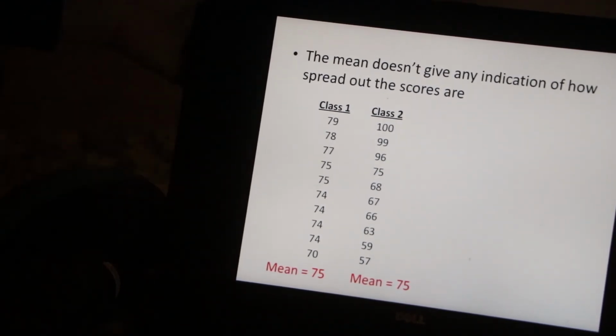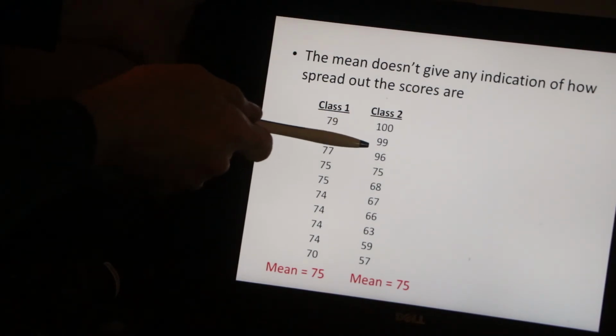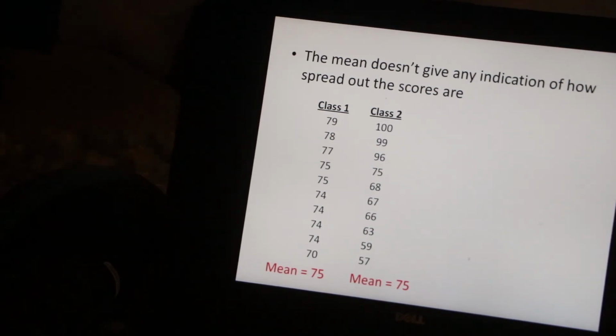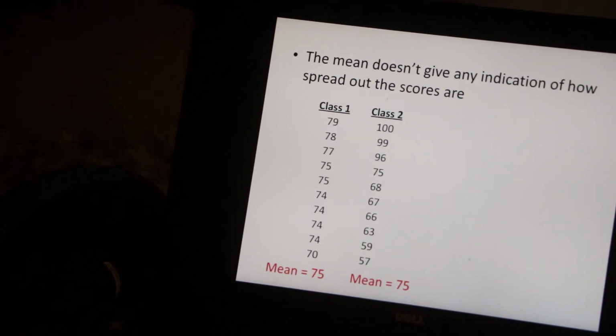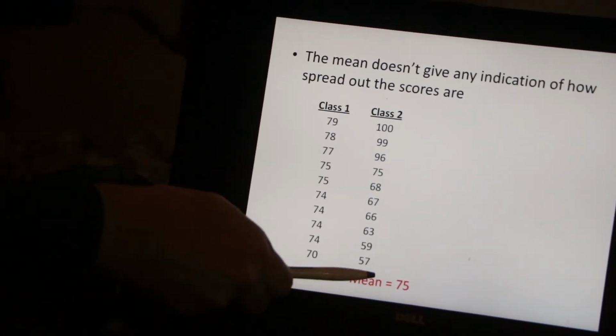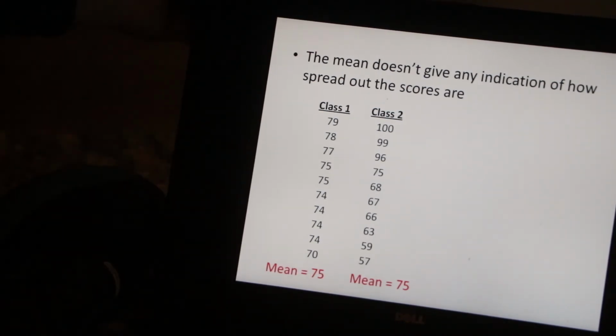When you look at this class, somebody got 100, a 99, a 96, a couple people got Fs, but they also got a 75. So there's a wild range here that is not reflected in the mean. These two classes clearly had different levels of comprehension across the board, and the mean does not give us that information.